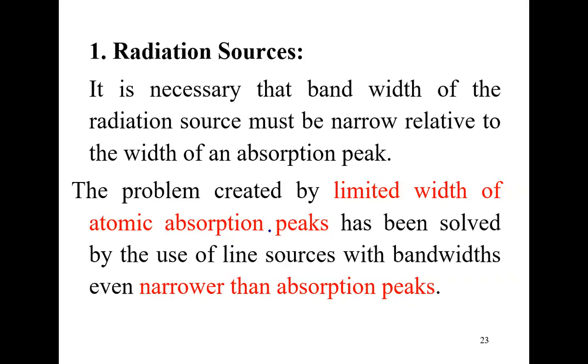The problem created by the limited width of the atomic absorption peak was solved by the use of line sources, and a hollow cathode lamp is a line source. It's a line source with bandwidth even narrower than the absorption peaks.